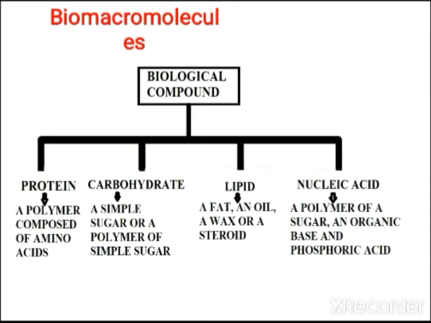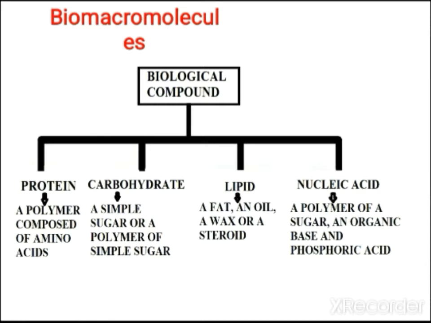Biomacromolecules are of four kinds. Proteins are polymers composed of amino acids. Carbohydrates: simple sugars are made into polymers, converted into carbohydrate, a polysaccharide.